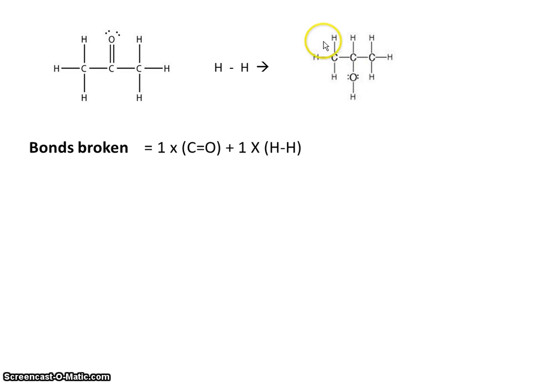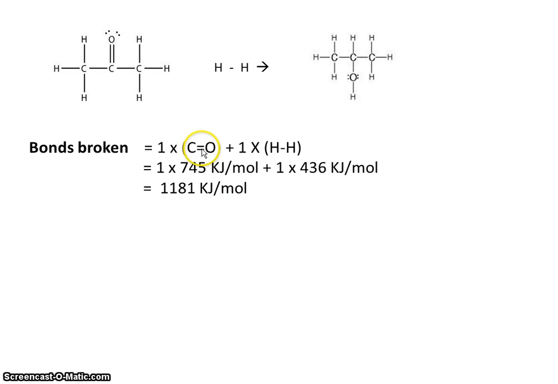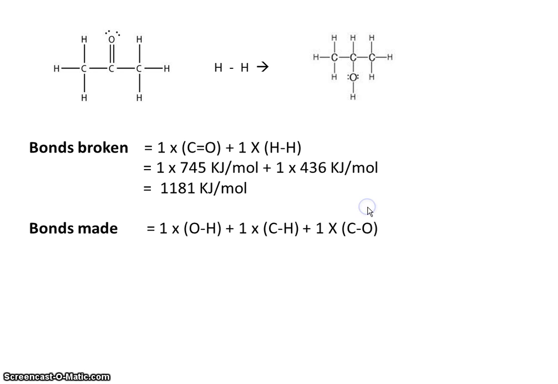But over here, there's also 6 carbon-hydrogen bonds, so we really don't have to concern ourselves with those. They're not broken in this process. So we look up the values for the carbon-oxygen double bond and the hydrogen bond. So it tells us it would cost us this amount of energy to break those bonds.